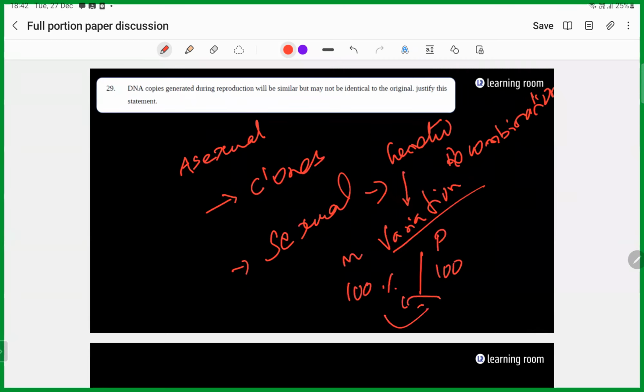The genetic characters are shuffled, so they may be more maternal-like or more paternal-like. Is it clear?